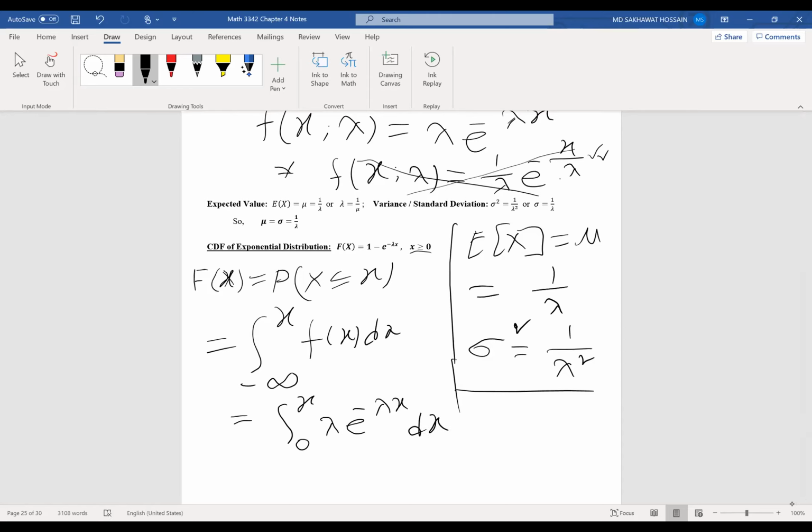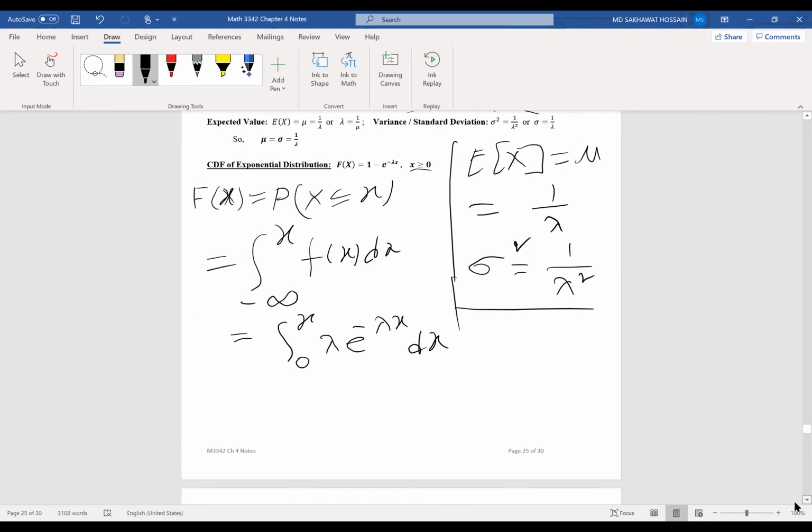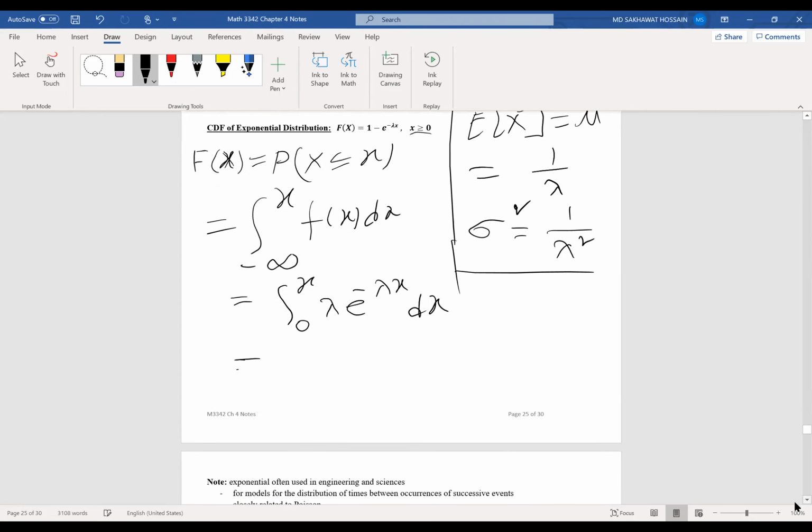Now you need to integrate this function. It will be lambda times e to the power negative lambda x divided by negative lambda, with x going from 0 to x, because the lower limit is 0 and the upper limit is x.